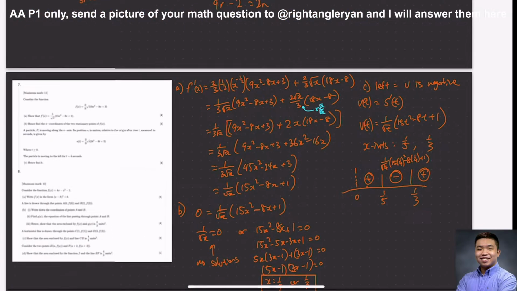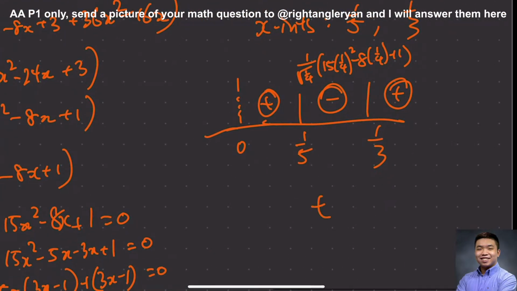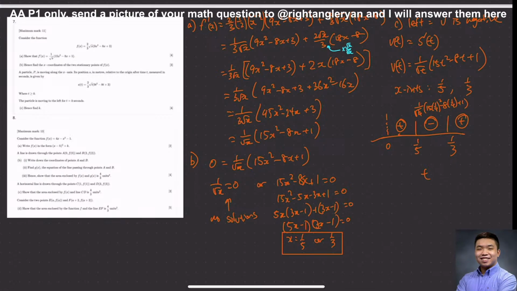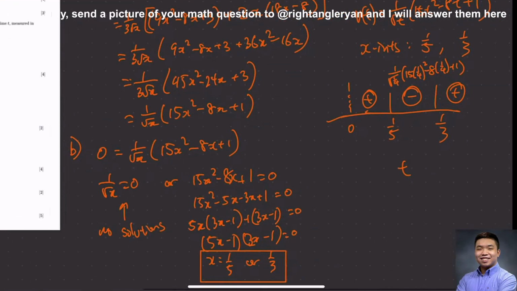Therefore, if I want v(t) to be negative, t has to be in between 1 over 5 and 1 over 3.